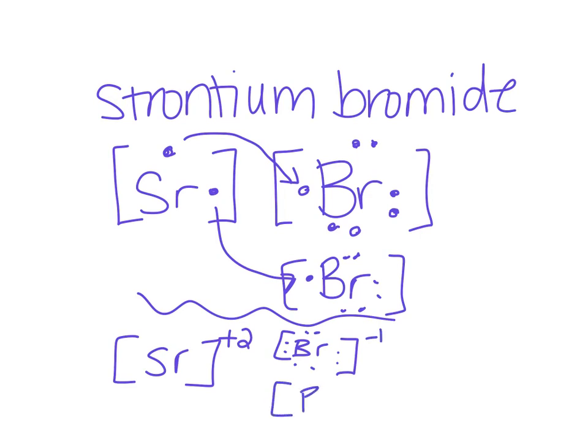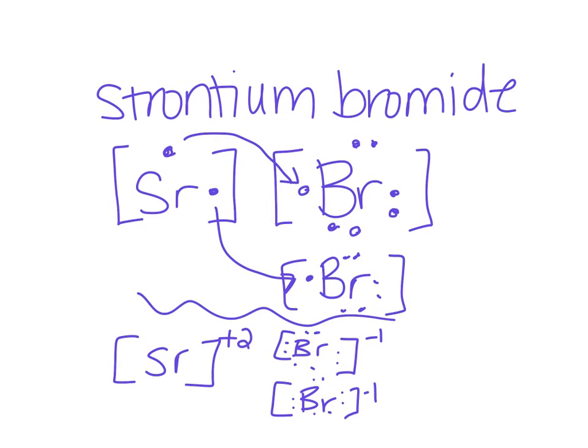And the other bromine is also a -1. Okay? So if I were to ask you to show me strontium bromide drawn out, this is everything you actually have to include. You have to show the transfer and the after picture. It's annoying, right? Just a little bit.